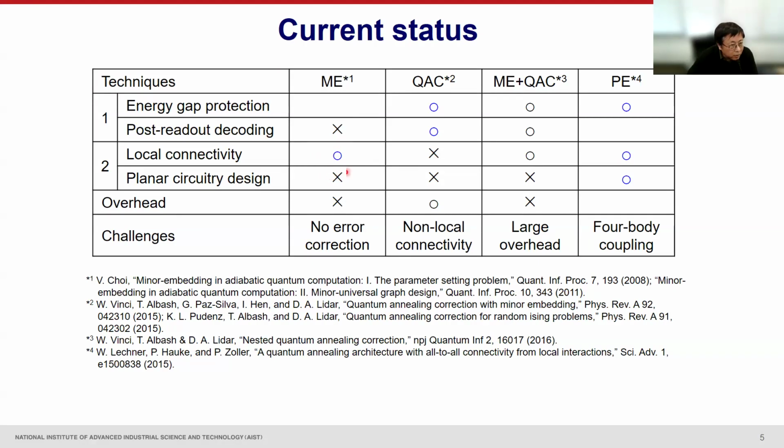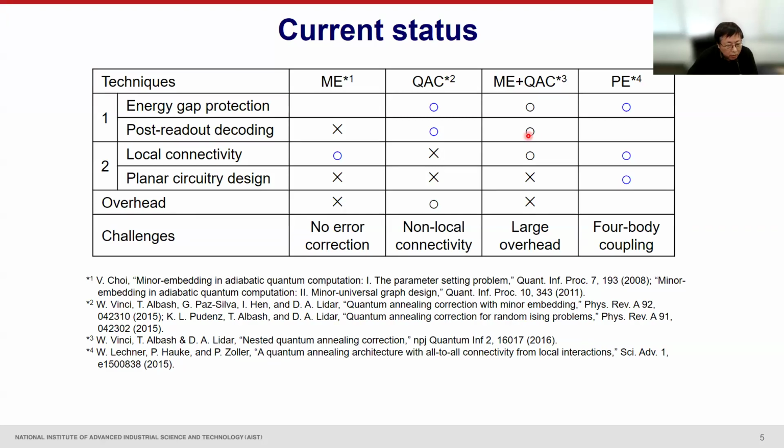By contrast, QAC, quantum annealing correction, can be used only for error correction. Therefore, we need to use the combination of minor embedding and quantum annealing correction to achieve both error correction and embedding simultaneously, which makes the system very complicated.